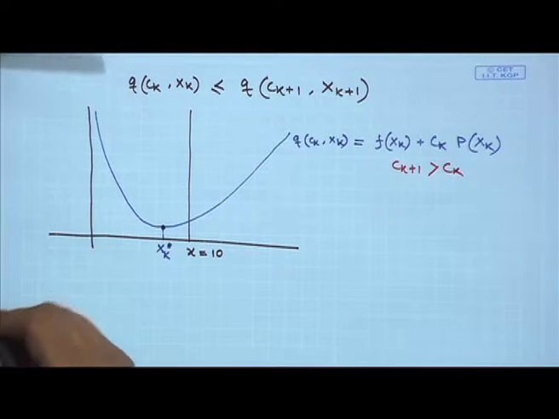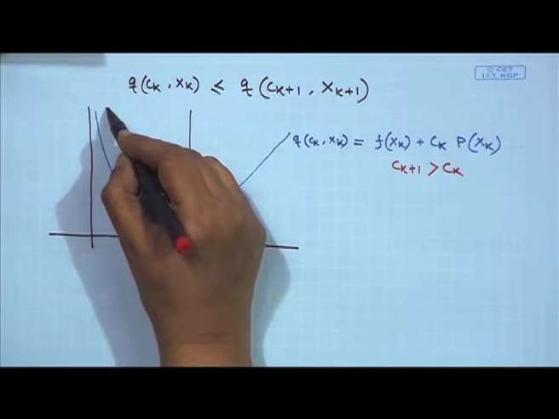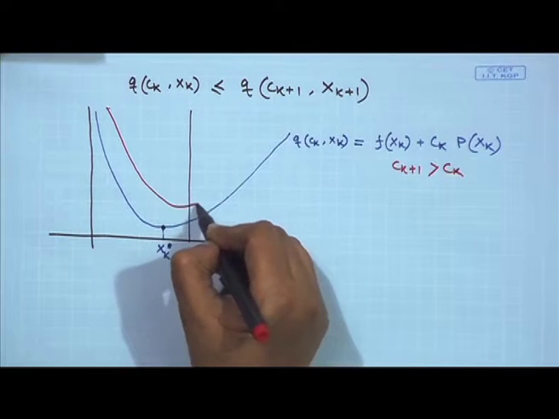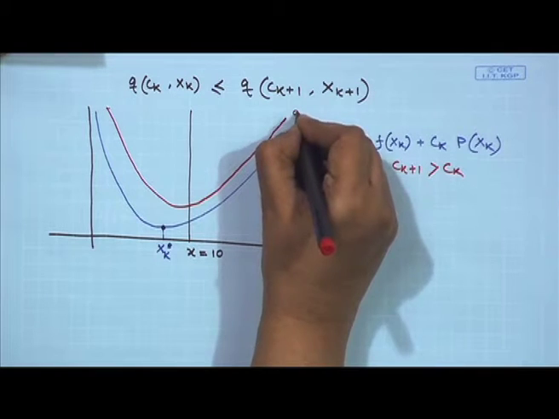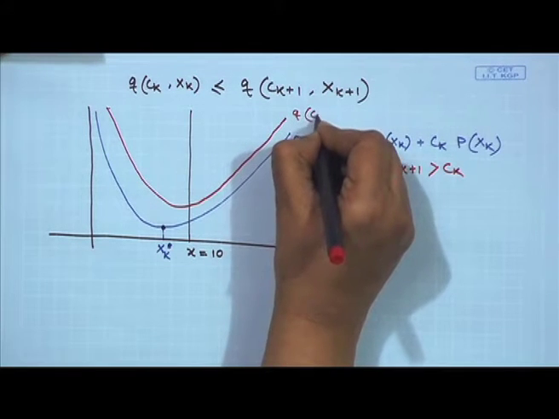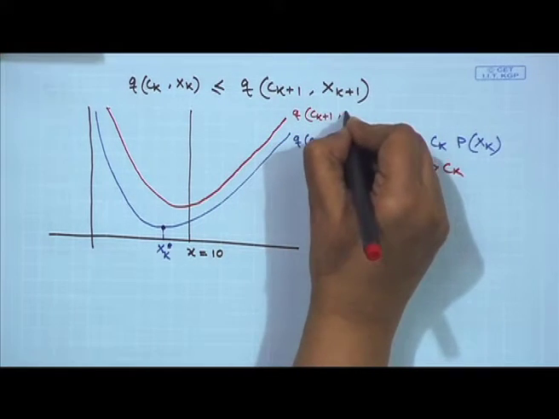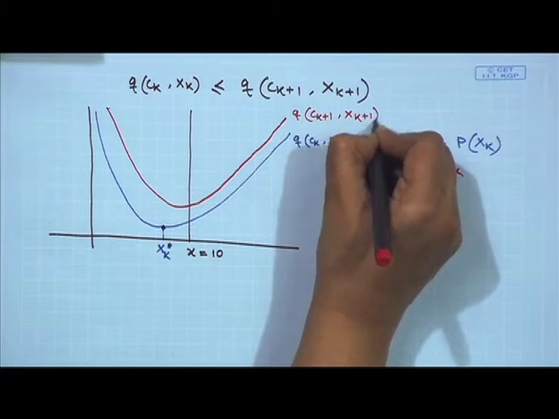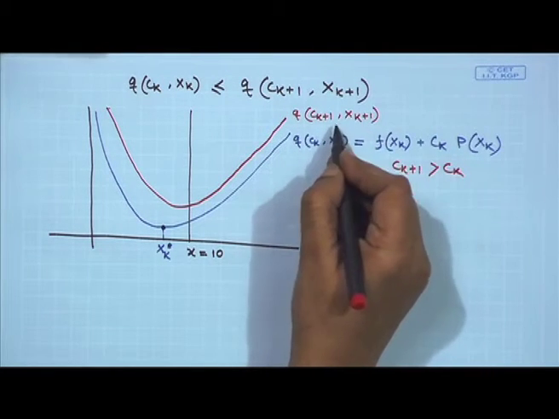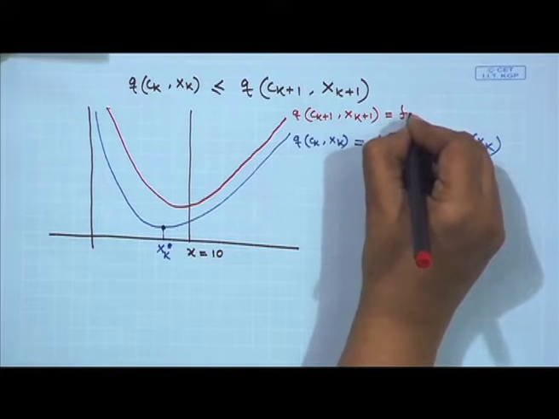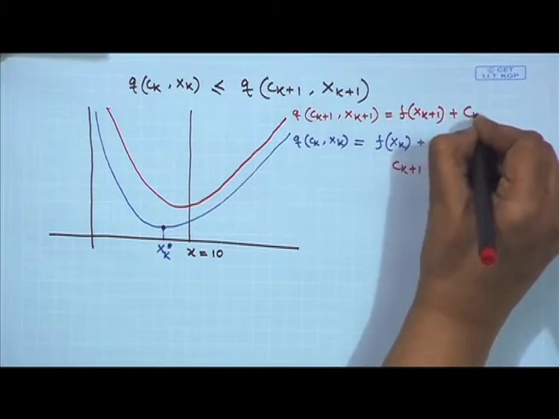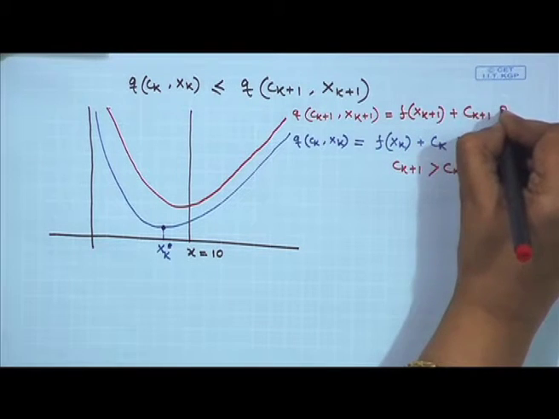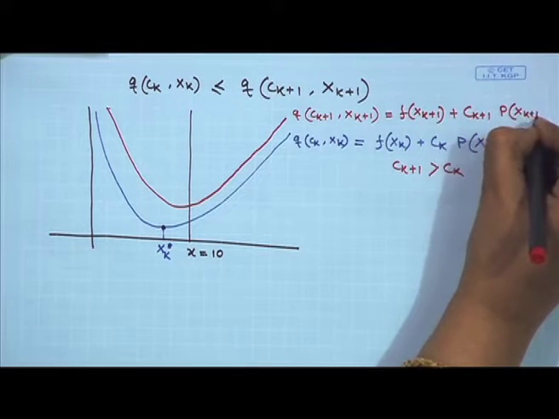We have another, if we just take Ck plus 1, that is more than Ck. If we consider this case, then the next function could be this one, where this function would be Q(Ck plus 1, xk plus 1), because k is changing to k plus 1. This is equal to f(xk plus 1) plus Ck plus 1 P(xk plus 1).